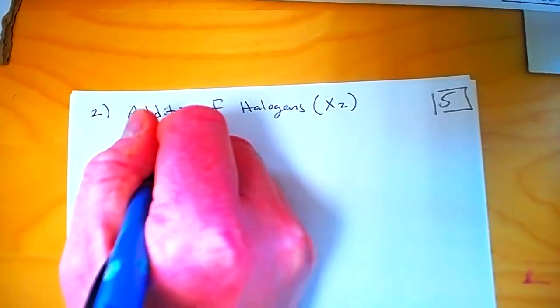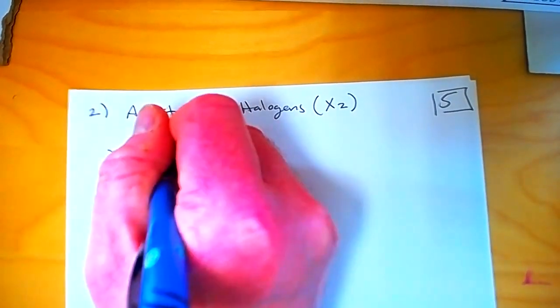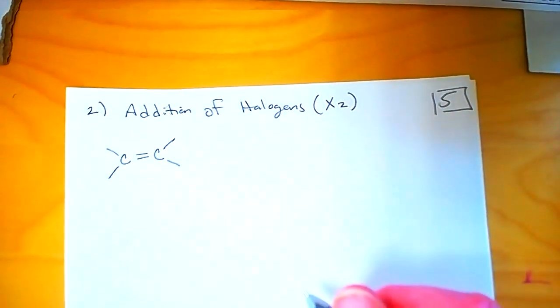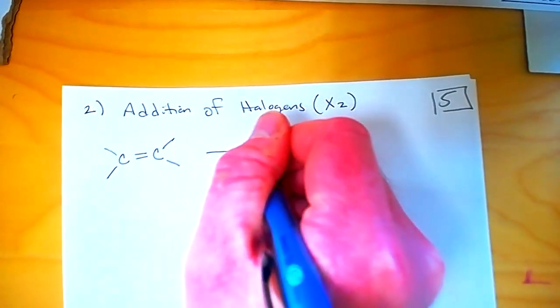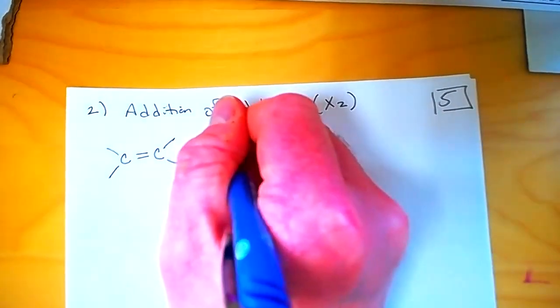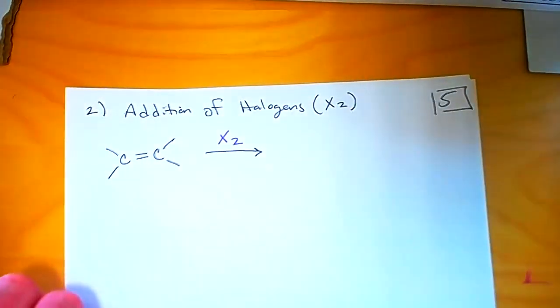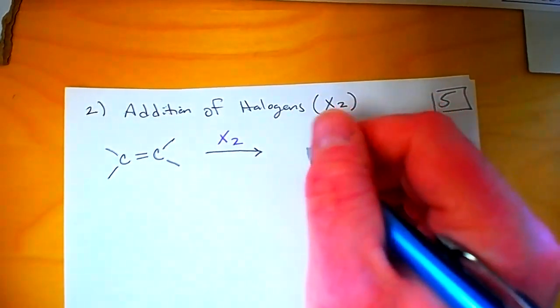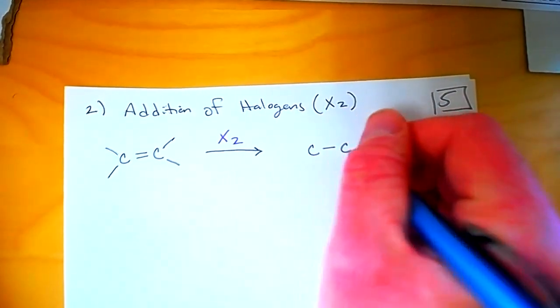If we had, let's say, this alkene, and we treated that with halogen X2, we would see the formation of the following product.